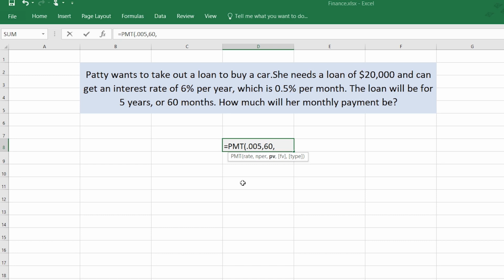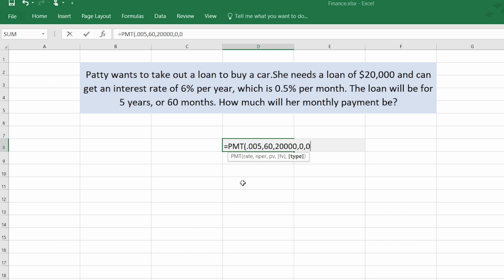Next, it prompts for the PV, present value, which is negative $20,000, since she's borrowing $20,000. You could also put in positive $20,000, in which case the payment's answer will be a negative number. Either way is fine. Finally, you're prompted for the future value, FV, which is 0, since at the end of a loan term, by definition, nothing is owed on it.